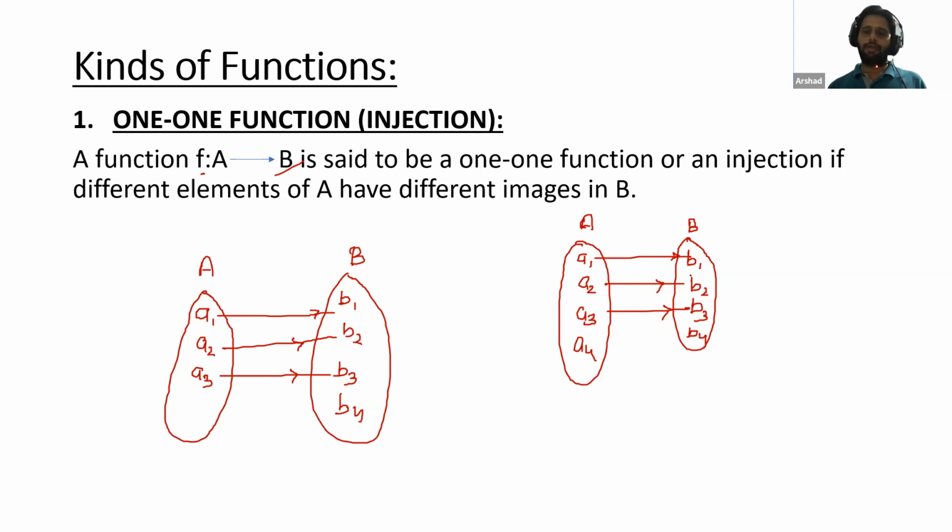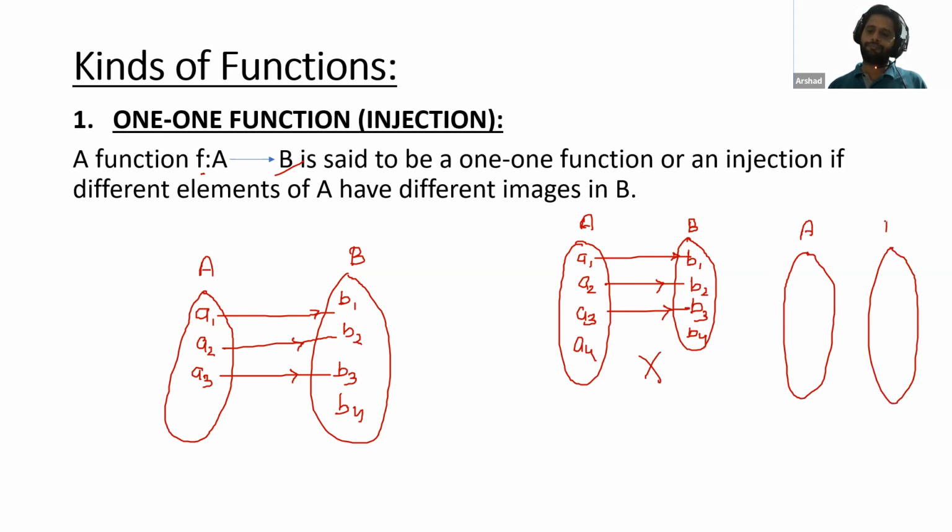Now the next question is from Noma. Noma, suppose we have a set A and another set B. Here we have the values A1, A2, A3, and here we have the values B1, B2, B3. A1 is associated with B1, A2 with B2, A3 with B2. So Noma, can you tell me whether this is a one-one function or not?